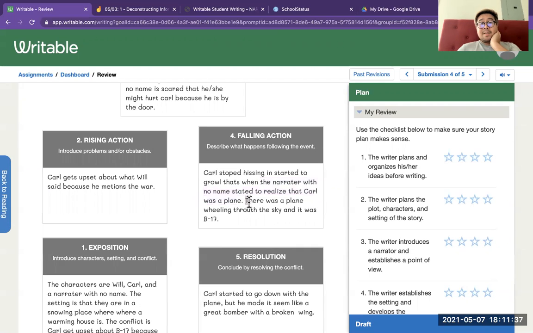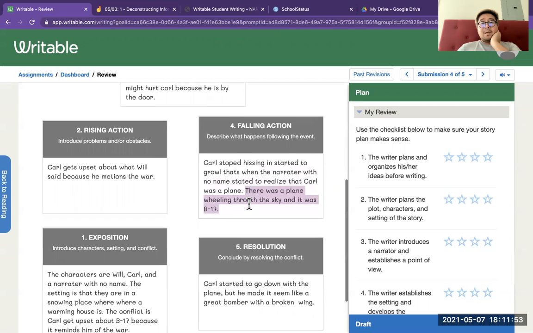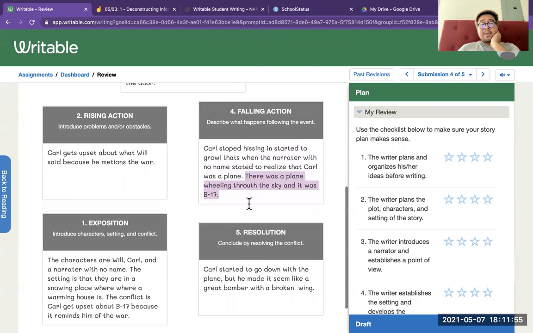Because what you said here, there was a plane wheeling through the sky and it was a B-17. That didn't happen. There actually was never a plane in the story other than the stick model plane that the unnamed narrator brought in. So it'll be interesting to see what that would look like when you write it.